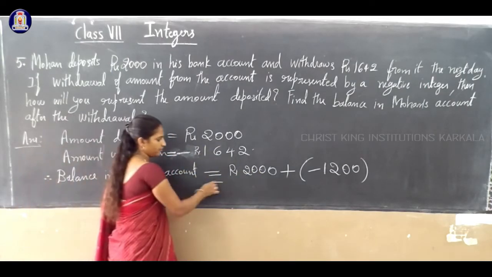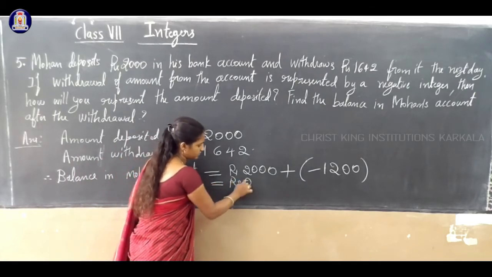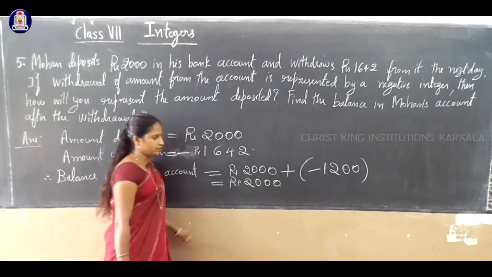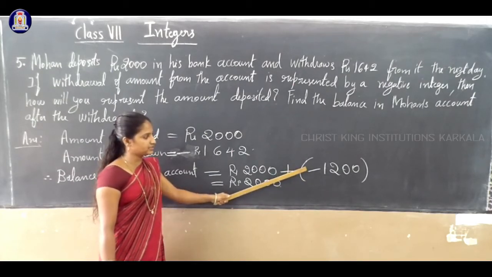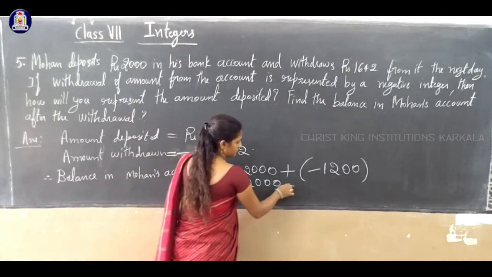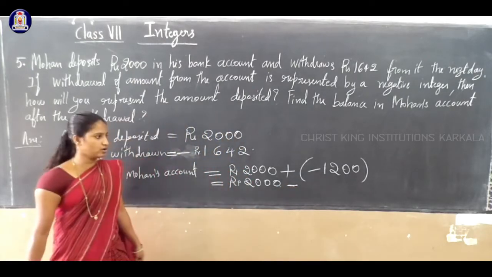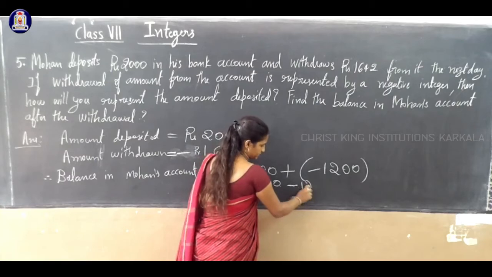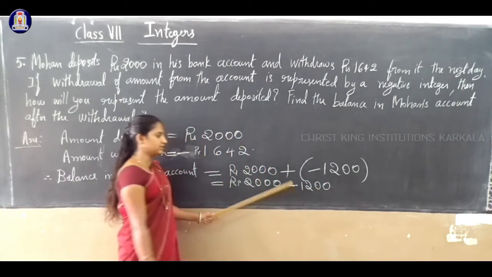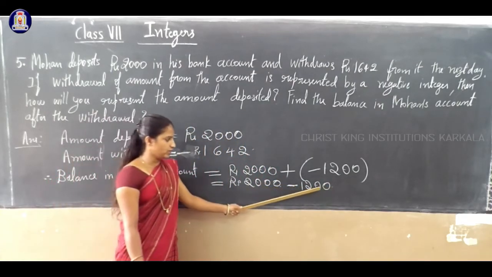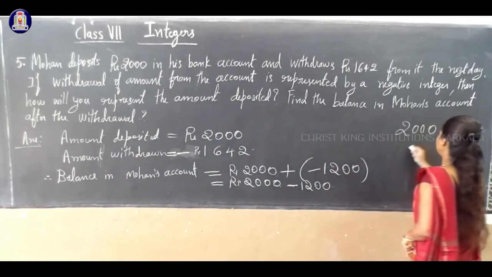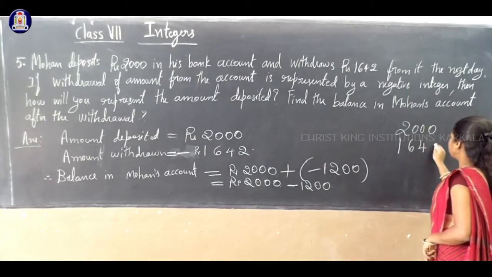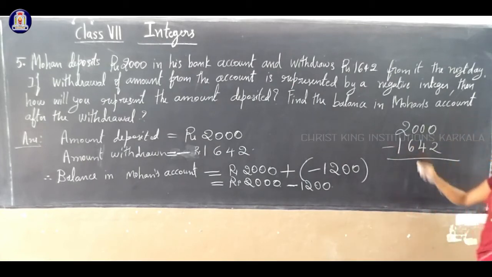So now rupees 2000. Now you remove this bracket. So plus into minus we get minus, correct? So 1642 you have to subtract from 2000. So what is the answer? 2000 minus 1642. 0 minus 2 is not possible, right?